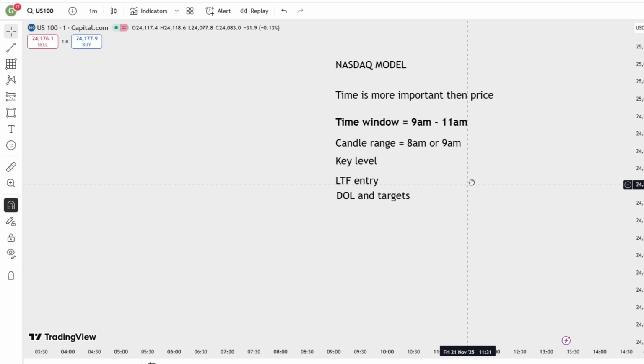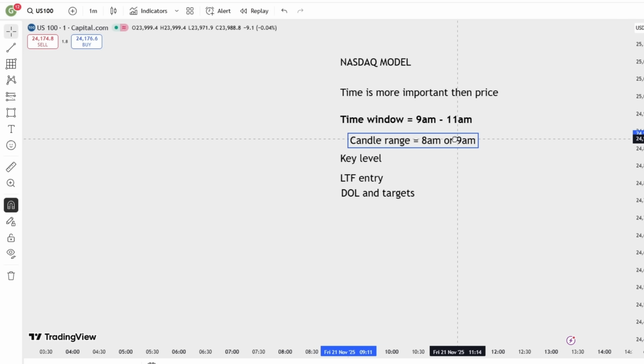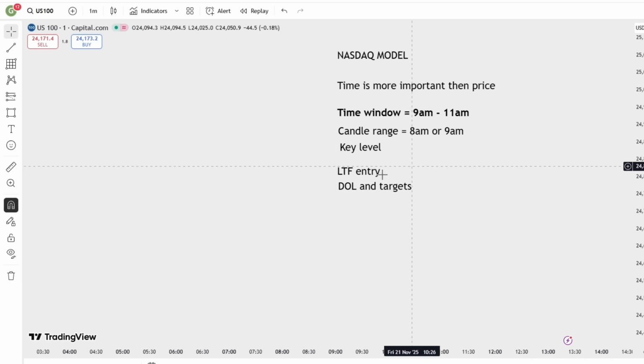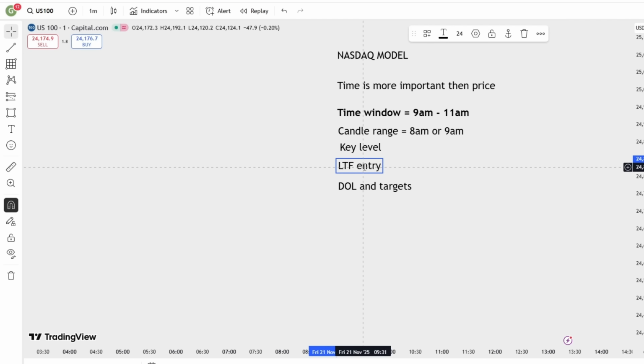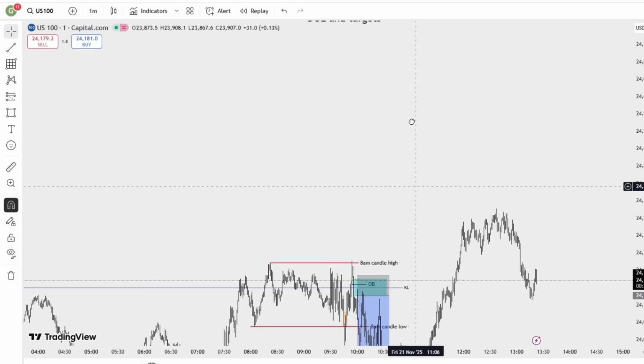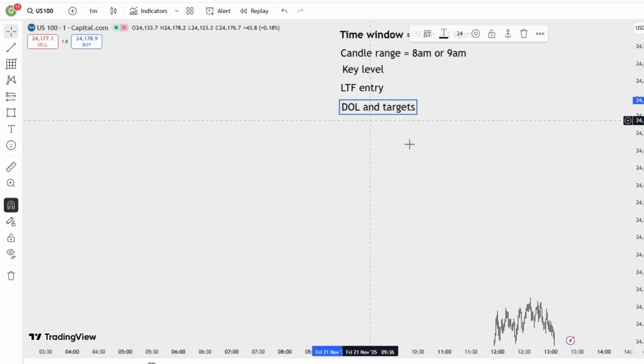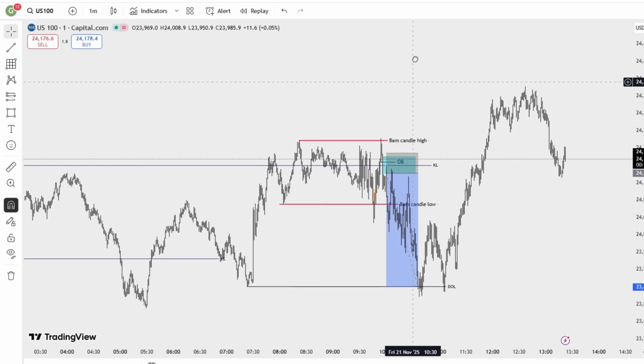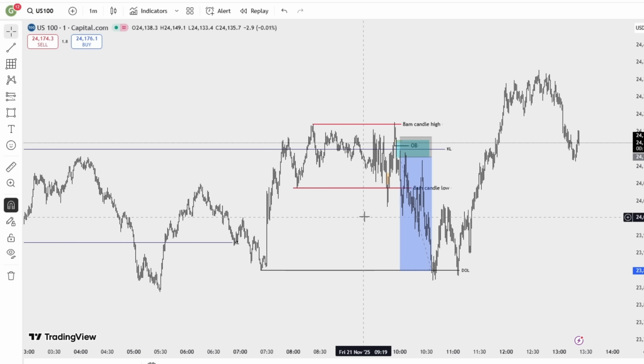We're going to show another example. Yesterday, the 9 a.m. purged the key level, if I'm not wrong. I don't remember, but probably yeah. Key levels, low time frame entries. We have a whole video about that, and draw on liquidity and targets. The draw on liquidity should be your past key level, right? This kind of guy here.